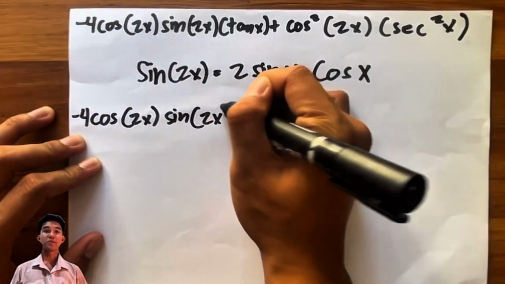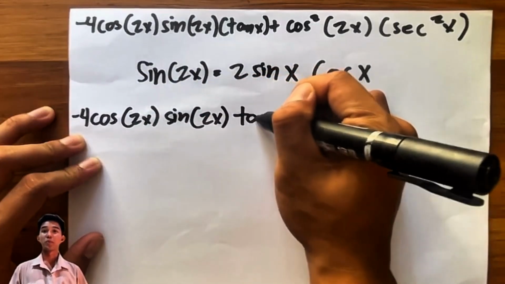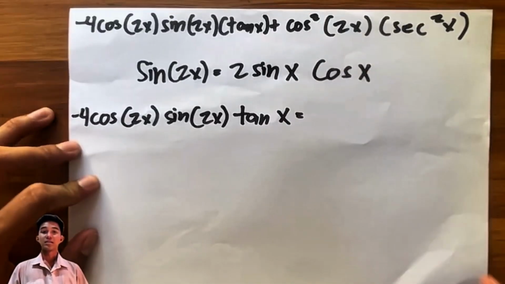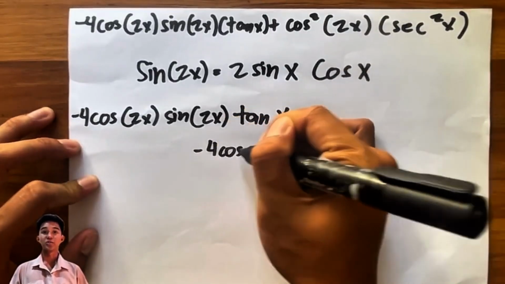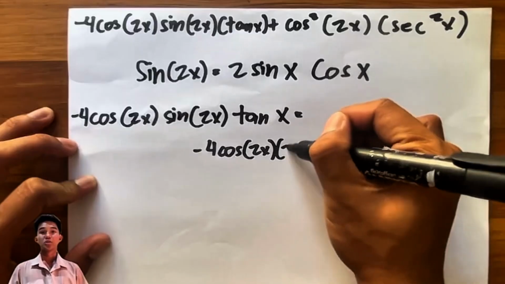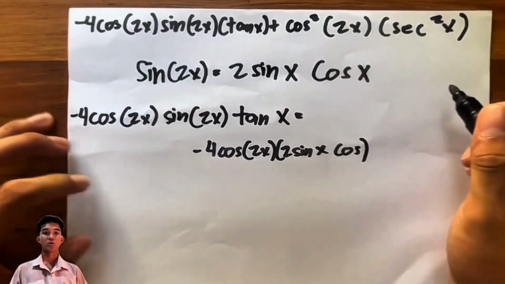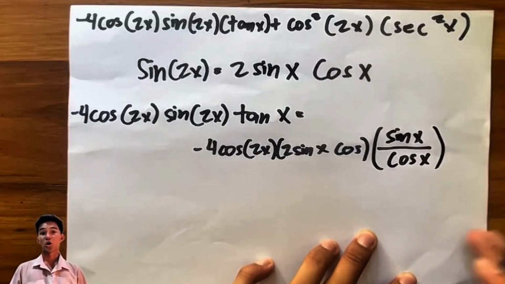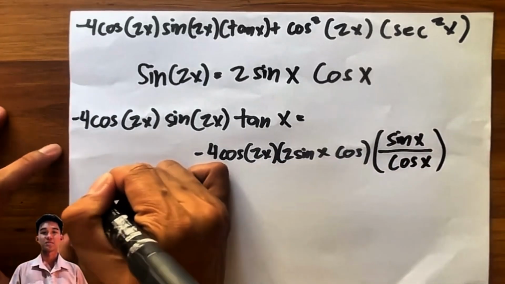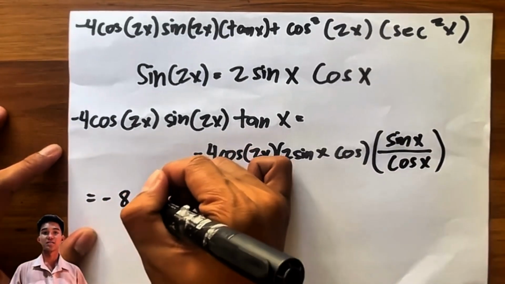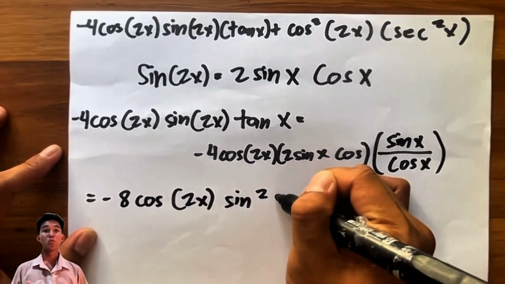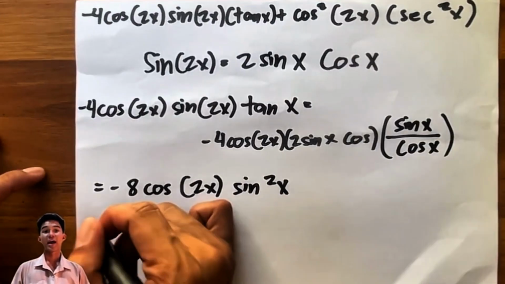Now, simplify the first term. So by simplifying the first term, we will get negative 4 cosine 2x times 2 sine x cos x times sine x over cos x. Now we have to cancel the cos x. So it will become negative 8 cosine 2x sine squared x.